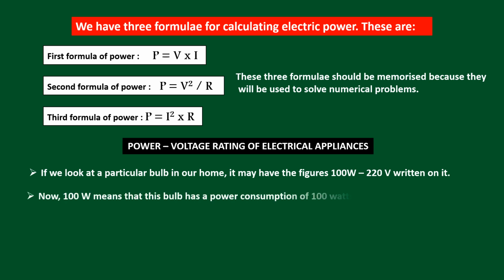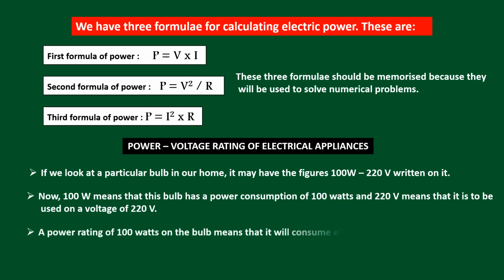Now 100 watt means that this bulb has a power consumption of 100 watts and 220 volts means that it is to be used on a voltage of 220 volts. A power rating of 100 watts on the bulb means that it will consume electrical energy at the rate of 100 joules per second.